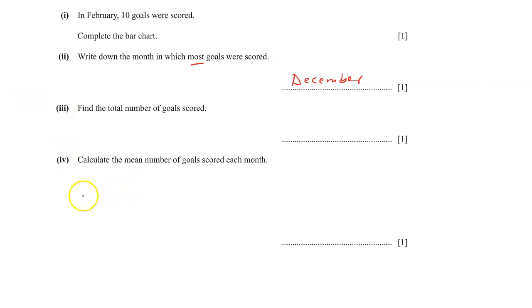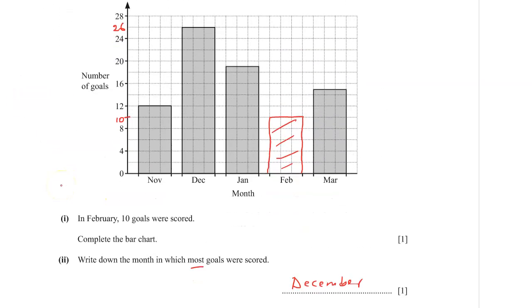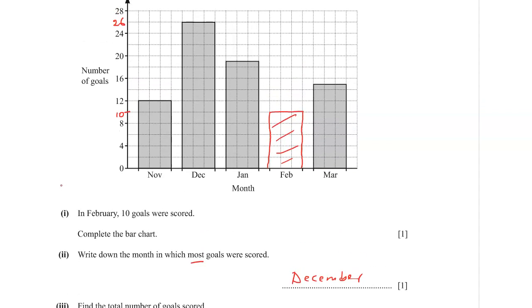Find the total number of goals scored. On November, 12 goals were scored. Plus December, 26 goals. Plus January, this 18 goals. And Feb, 10 goals.